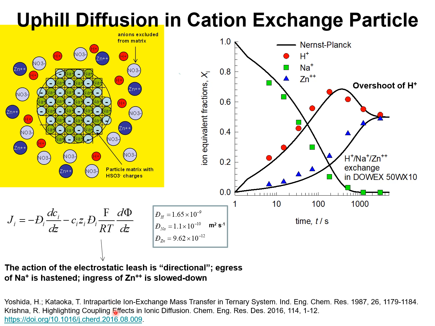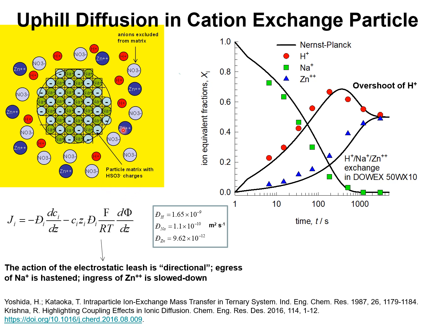Yoshida and Kataoka report experiments for transient uptake of cations in a cation exchange particle. The cation exchange particle consists of fixed negative charges, and negatively charged anions cannot enter the particle.